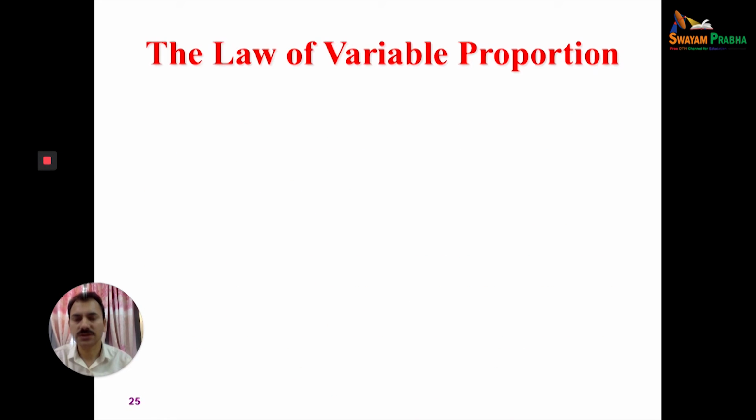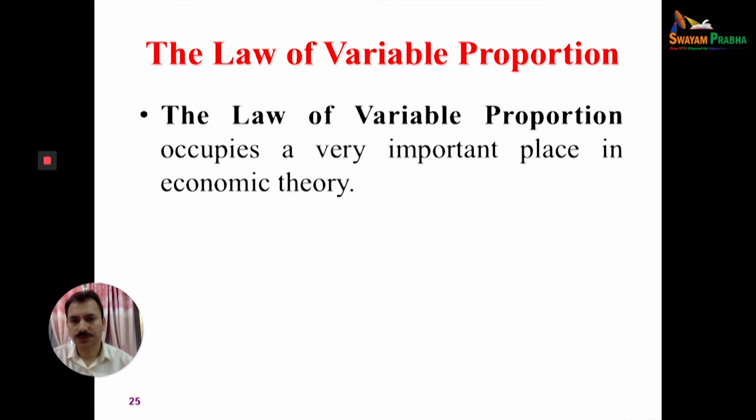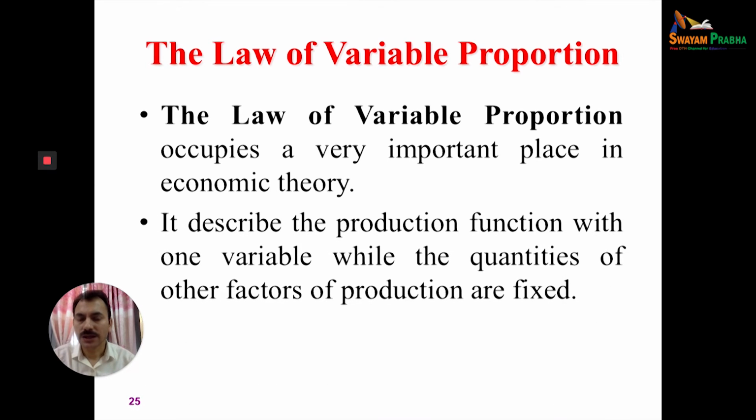Now let us discuss in detail the concept of the law of variable proportion. What is the law of variable proportion? The law of variable proportion occupies a very important place in economic theory. It describes the production function with one variable factor while the quantities of other factors of production are fixed.